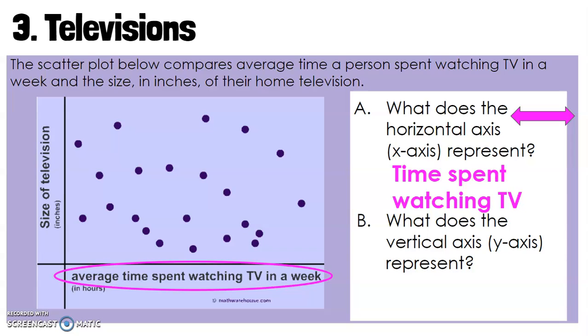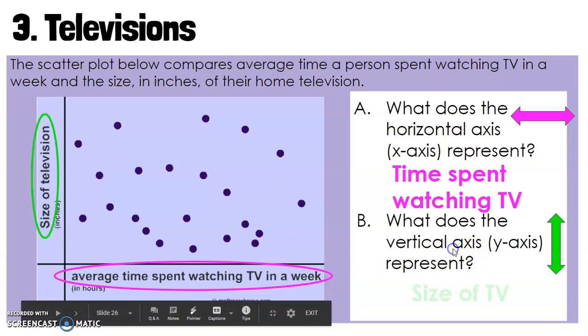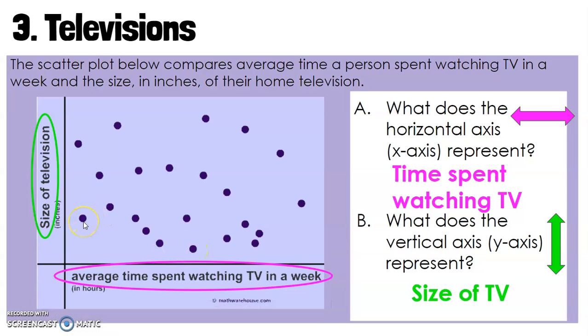So this would be like if I surveyed a class of 20 and asked 2 questions: How much TV do you watch a week, and what's the size of your television? So each data point represents a different person and how much TV they watched, and on the y-axis, the size of their TV. So each point tells me 2 things.